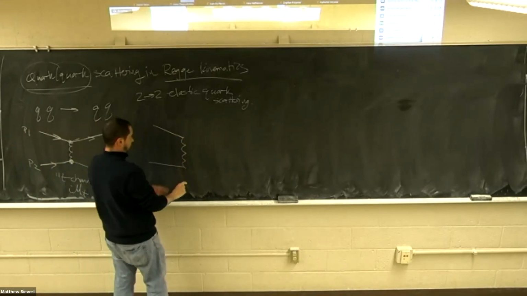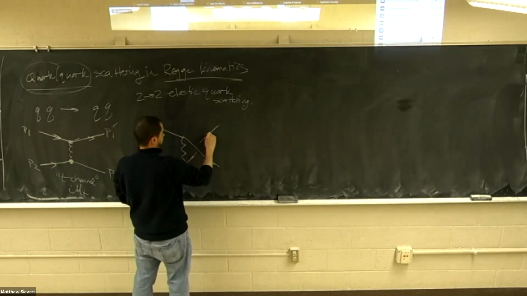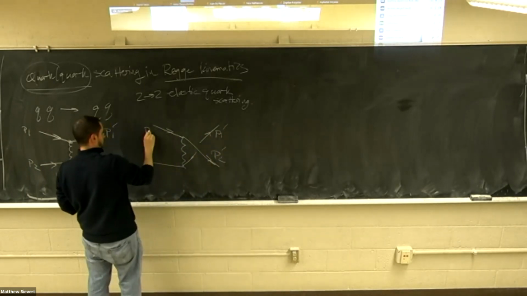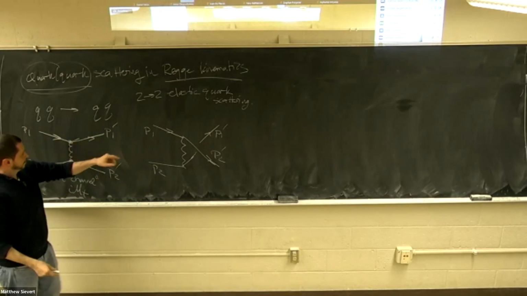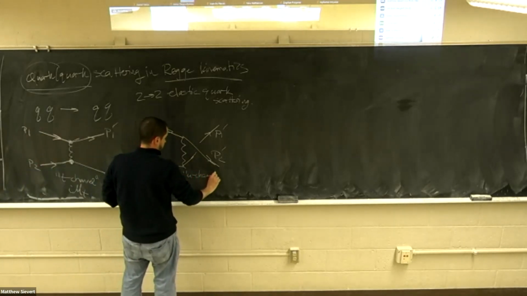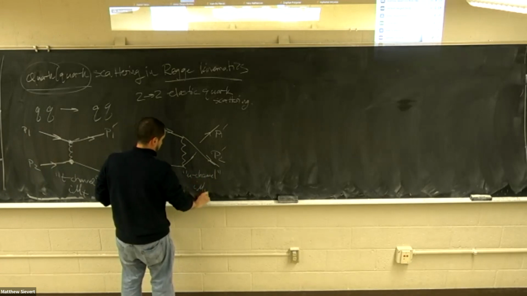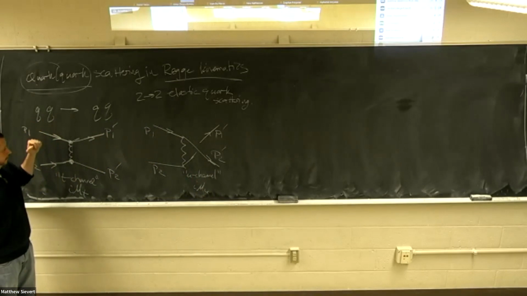That diagram looks the same on the left-hand side, but then I scramble which one is P1 prime and which one is P2 prime. These are the 2 diagrams. This one I will refer to as the U-channel diagram, iM_U. In principle, it also makes a contribution to this amplitude.